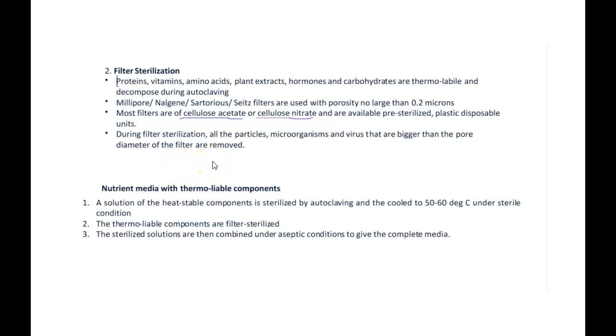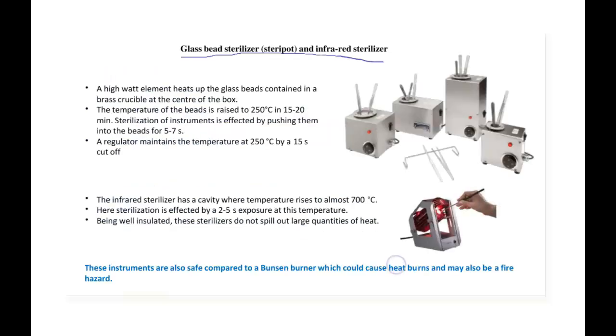Nutrient media with thermolabile components should be sterilized using filter sterilization. The solution of heat-stable components is sterilized by autoclaving and cooled to 50 to 60 degrees. Then thermolabile components are filter sterilized, and these solutions are combined under aseptic conditions to give the complete media.